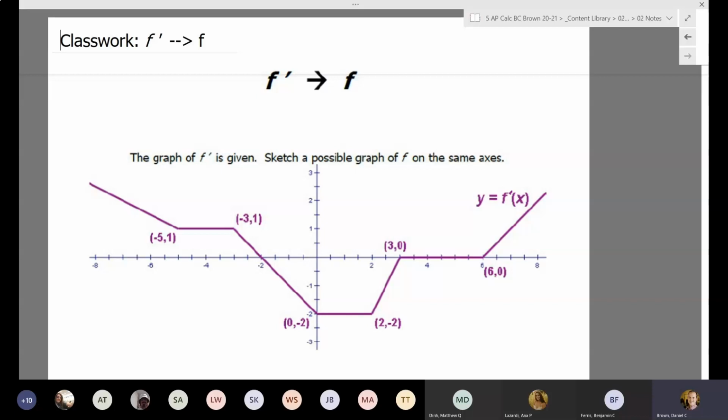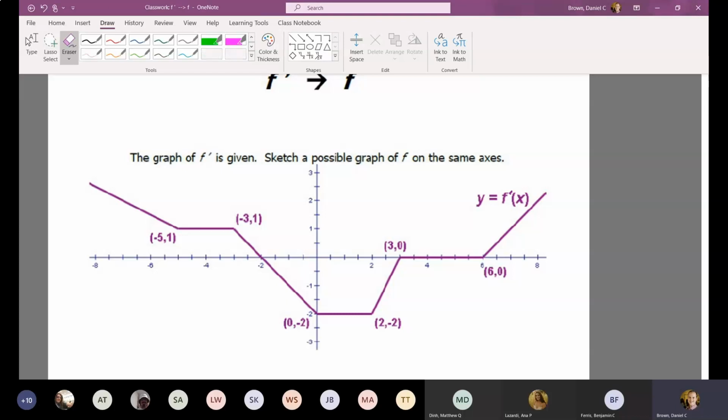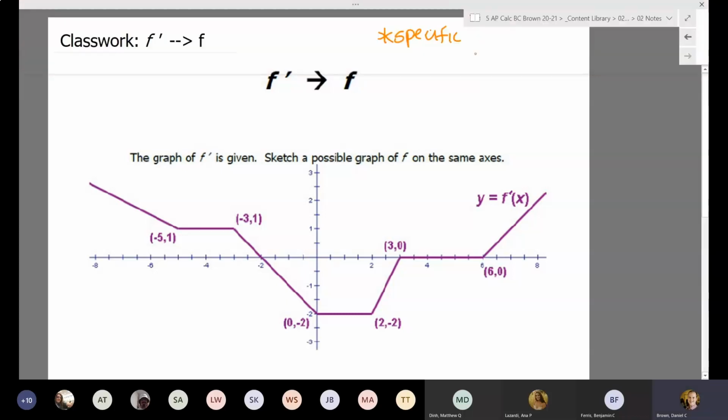So when you're going from f prime to f, the specific y values don't matter. However, the general shape does.